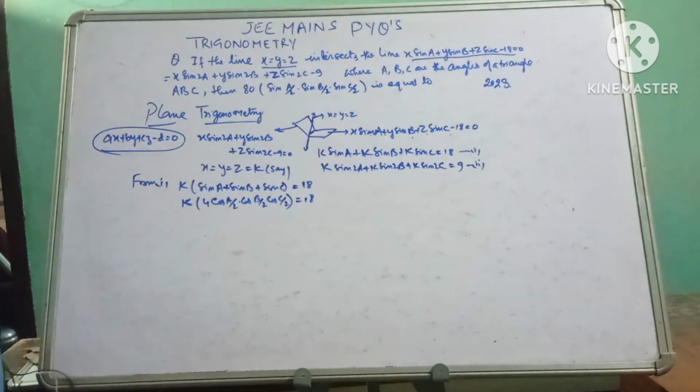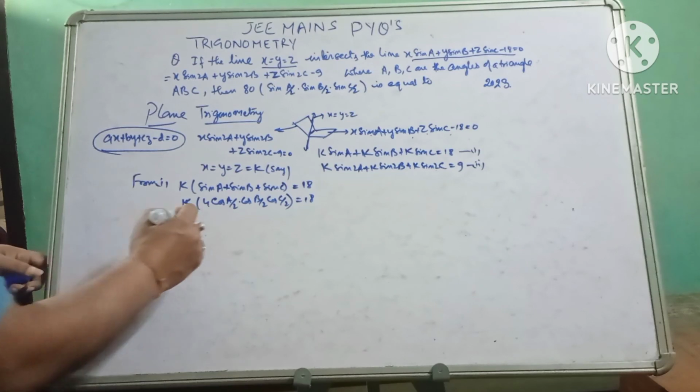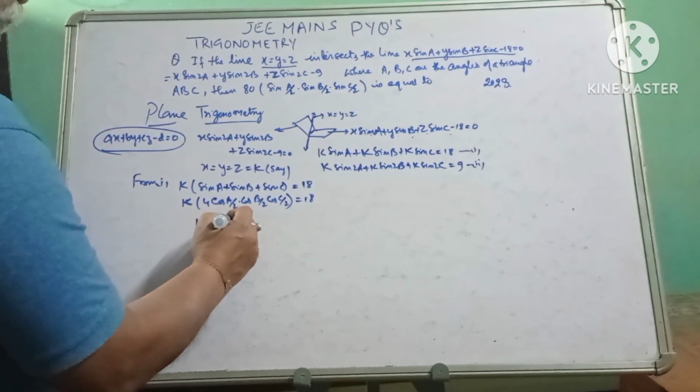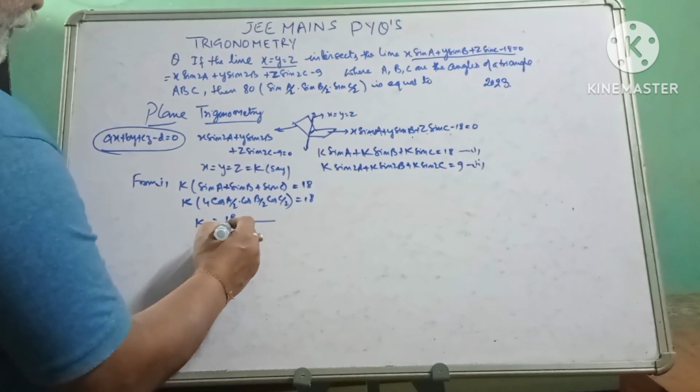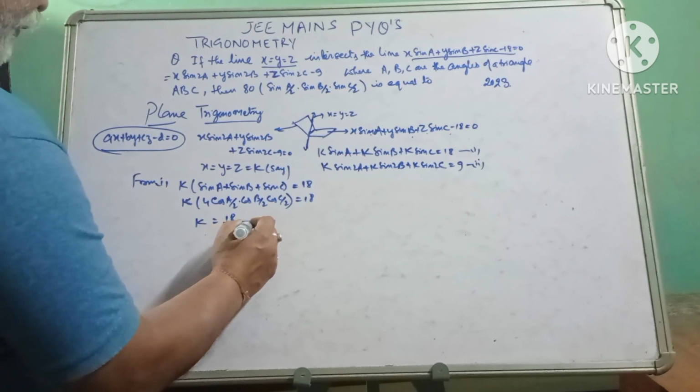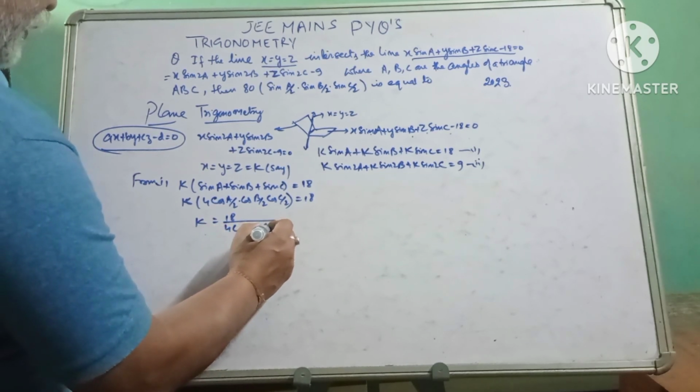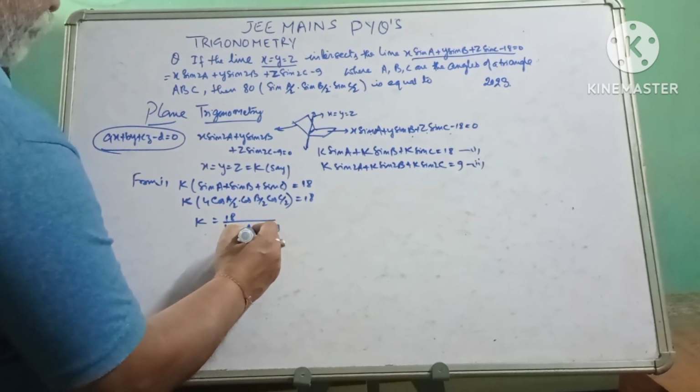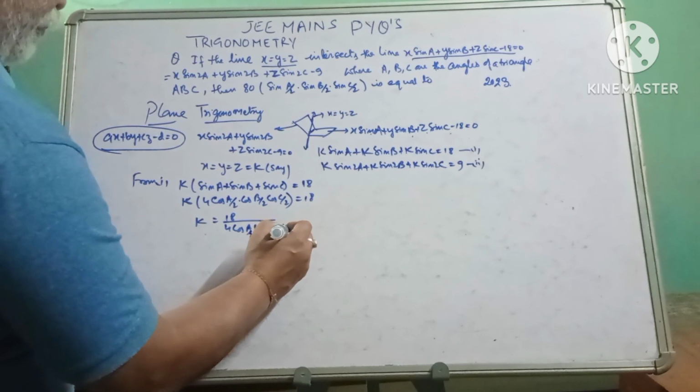This value is this. Therefore k will be equal to 18 by 4 cos A by 2 cos B by 2 cos C by 2.